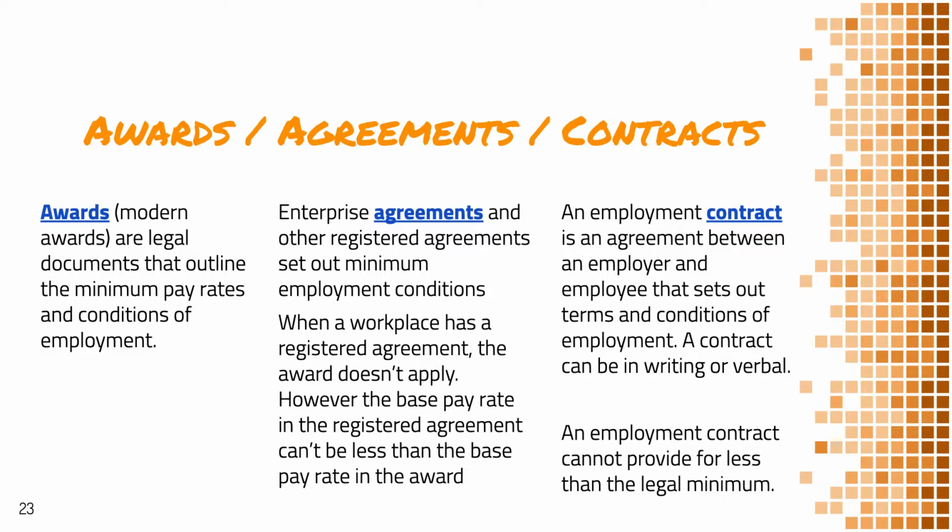You're probably thinking to yourself, why, oh why, would companies agree to give their employees more than they have to? Well, it's pretty simple. Imagine if you worked at Apple and you were hiring your employees and you were giving them the minimum, you were giving them awards, and you might have been paying them $20 per hour.